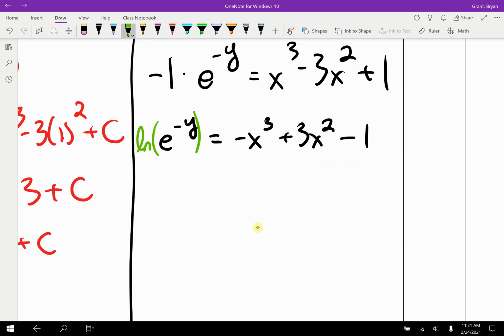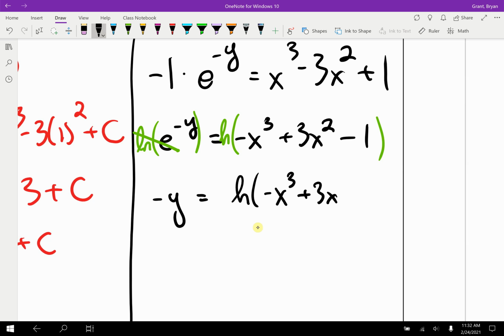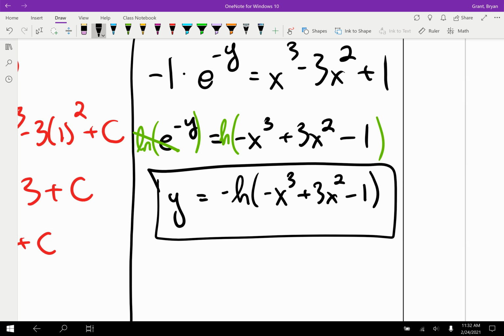Natural log, right? We have to do that on each side. They undo each other. Leaves me with negative y equals the natural log of negative x cubed plus 3x squared minus 1. And then, if you really want to be lazy, just move the negative over. Look at that. We're set.